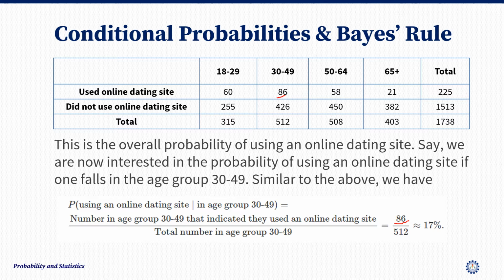And over the total number in age group 30 to 49, which is 512, we'll put 512 here also. So 86 over 512 is equal to 17%.